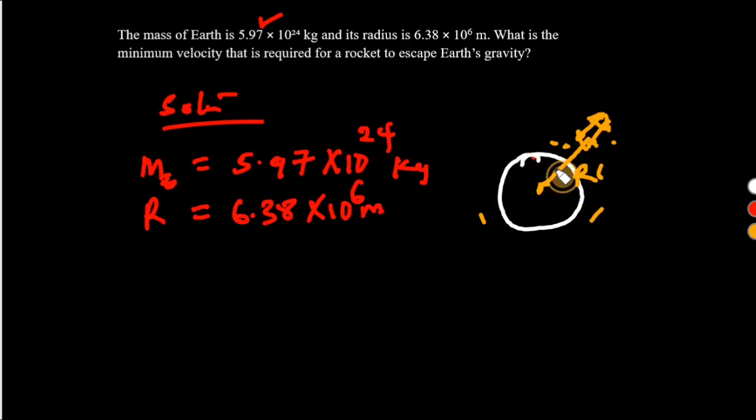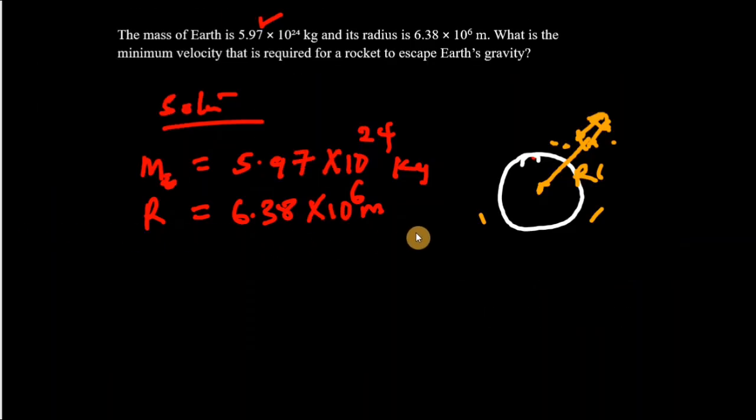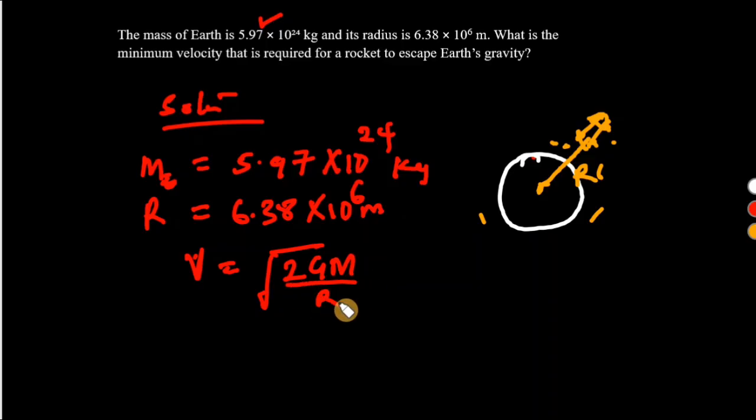Quickly utilizing the formula we gave before, the escape velocity equals the square root of 2GM upon r. In this case, M is the mass of the Earth.